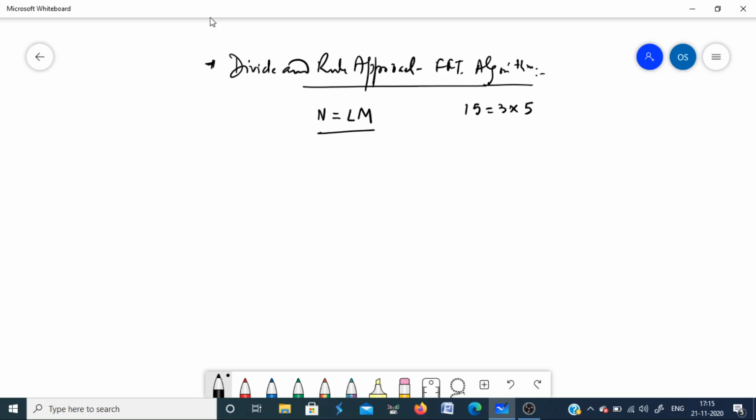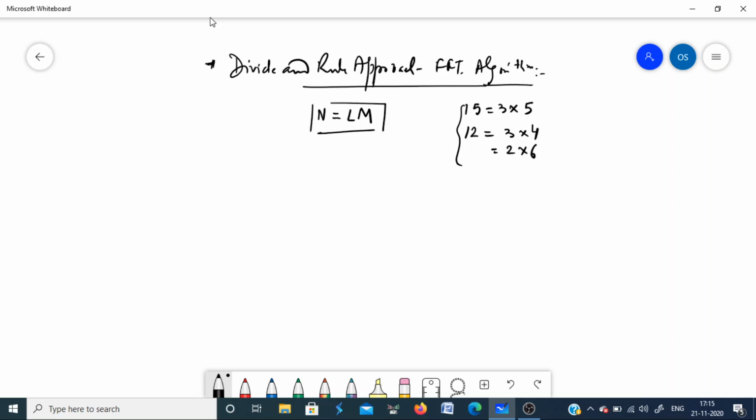Or if it is, suppose, 12, you can decompose it as 3 into 4, or you can also decompose it as 2 into 6. It is your choice. So the first point is that this N will be decomposed into the product of two numbers, L and M.